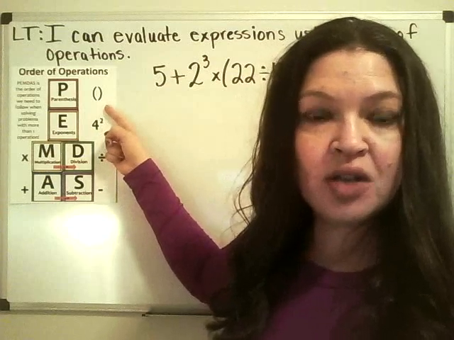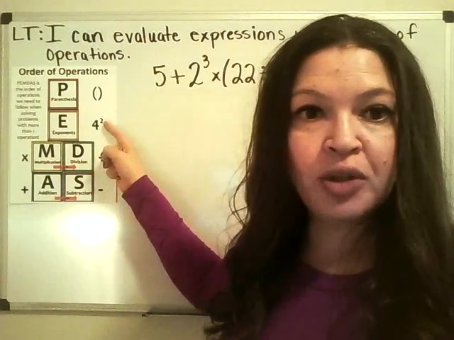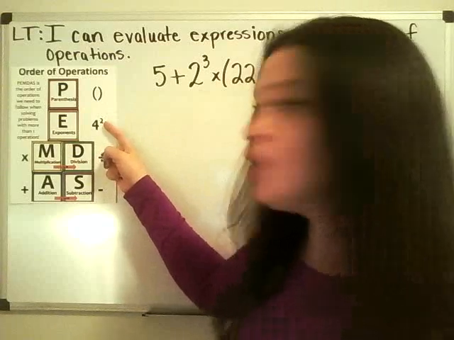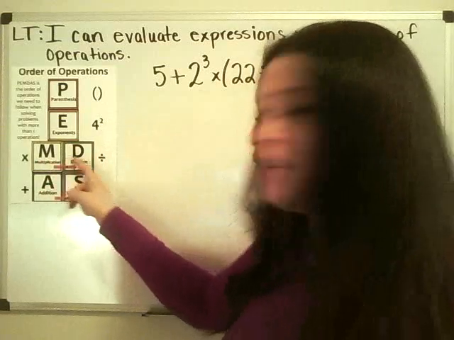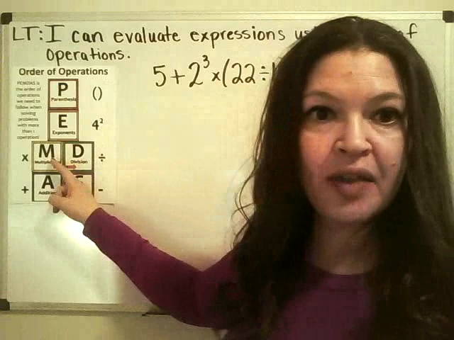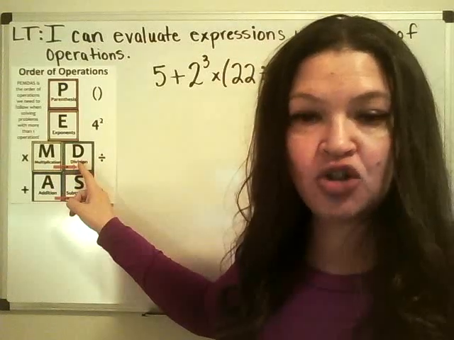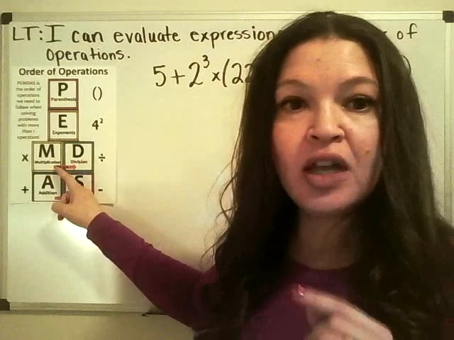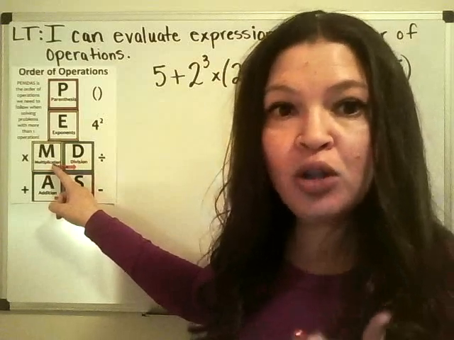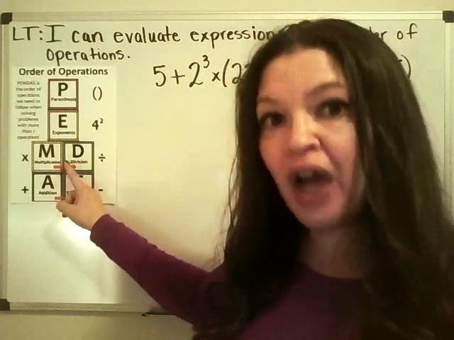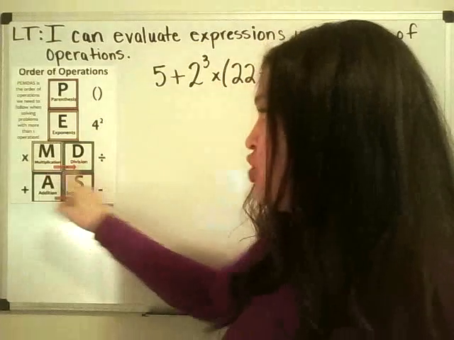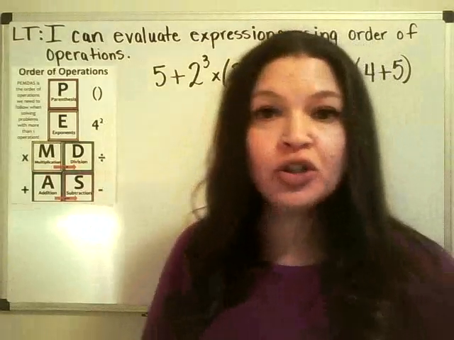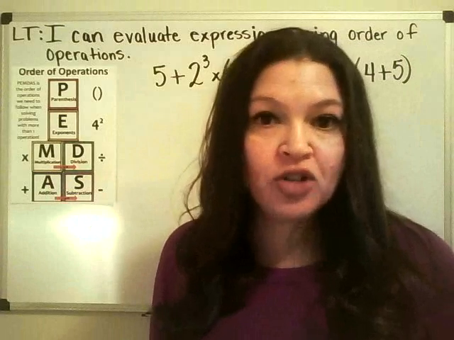After parentheses are solved and after exponents are solved, we go to this next level of importance, and that's multiplication, division. But you don't always do multiplication first. It's always you multiply or you divide from left to right in the order that it appears in the expression.